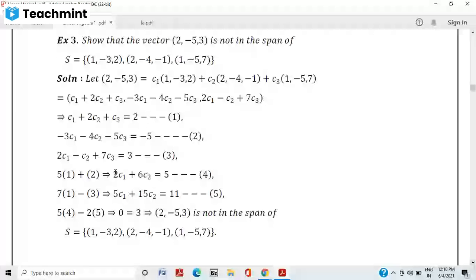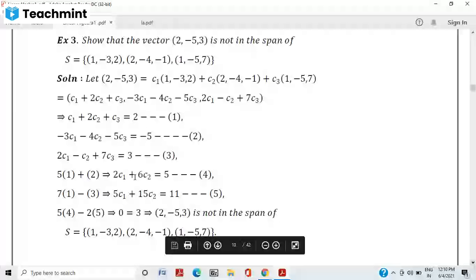Here 2C1, here 5C1, so we can multiply with 5 to get 10C1. Here what do we have to multiply? To get 10C1, we should multiply with 2. So the first equation we will multiply with 5 and the second equation with 2. Then it is 10C1.